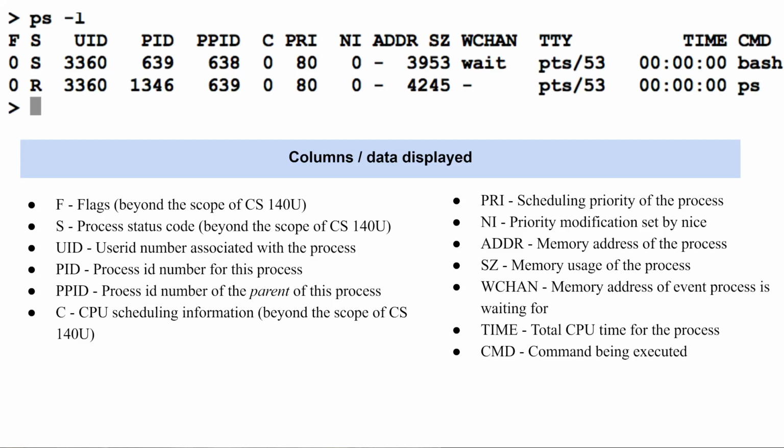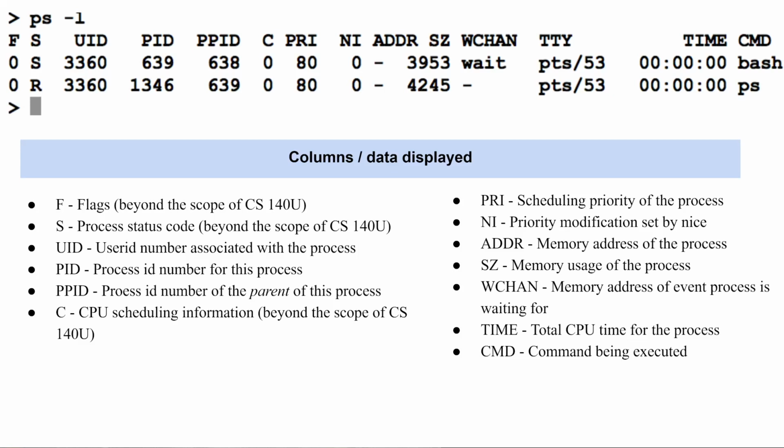The priority modification is set by the nice level. Nice is an interesting configuration that you can put on a process that kind of sets how cranky it is when it tries to get rescheduled. Interesting read, but I'm not going into it here. The memory address of the process is given here with the L option, along with the size. The address of the event the process is waiting on: doesn't make any sense to me, but there it is.